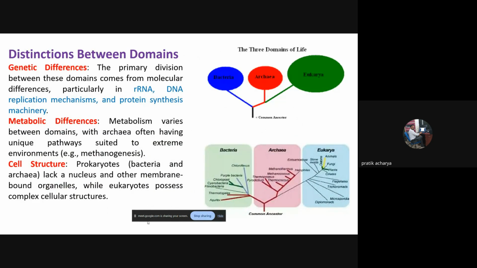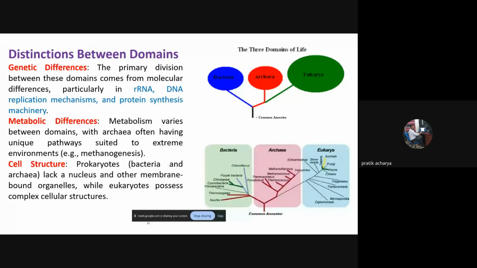Now, what is the distinction between the domains? In which manner can we distinguish the domains? First of all, we'll discuss genetic differences. That means the primary division between these domains comes from molecular differences.